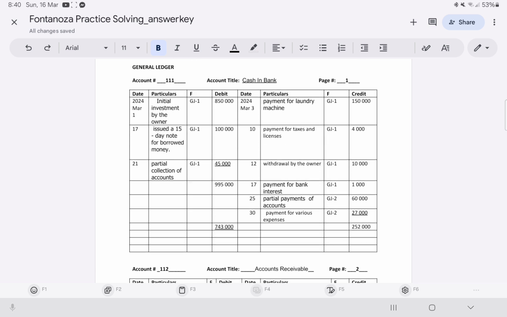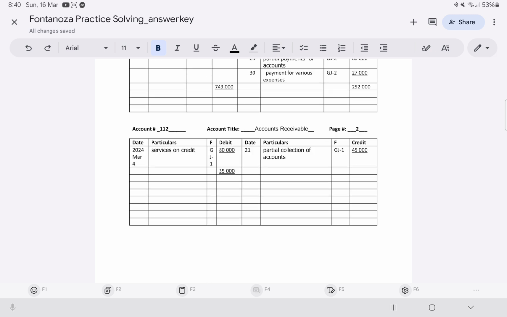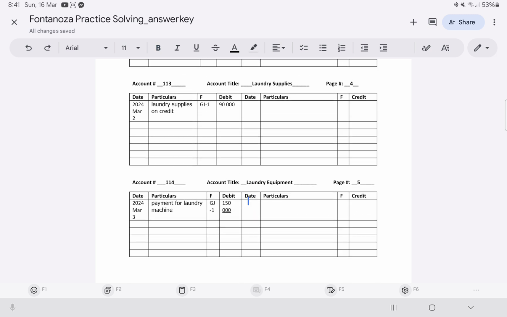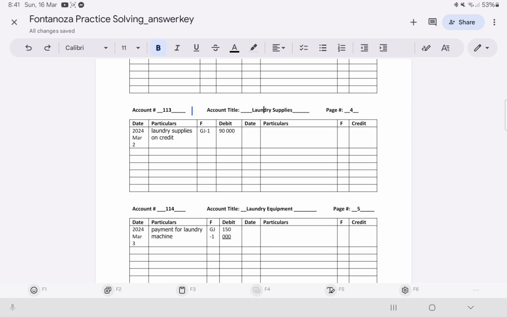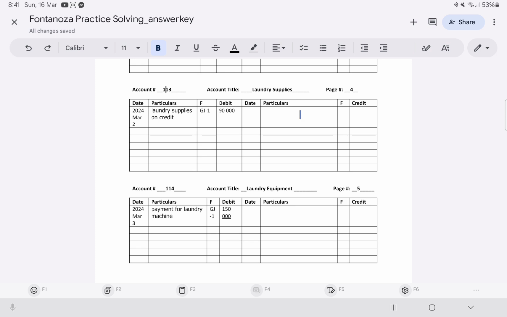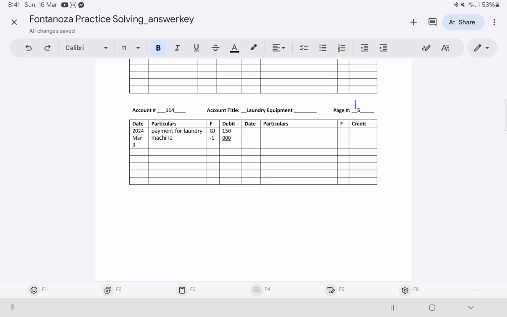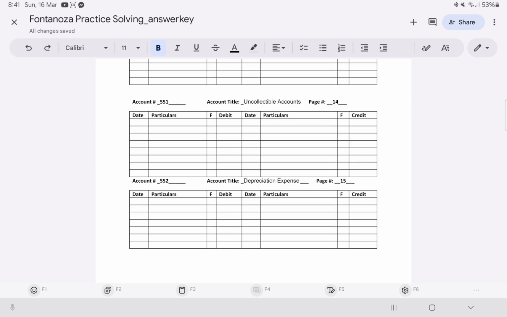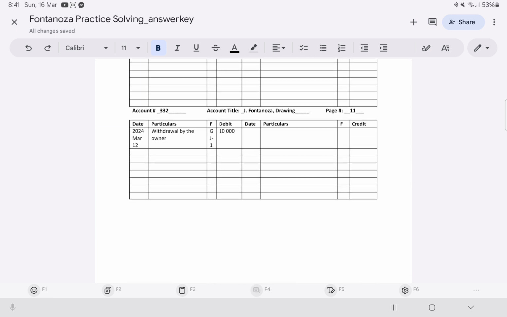I will no longer go one by one, since it is clear already that you should input all the account numbers and account titles, and also the pages.